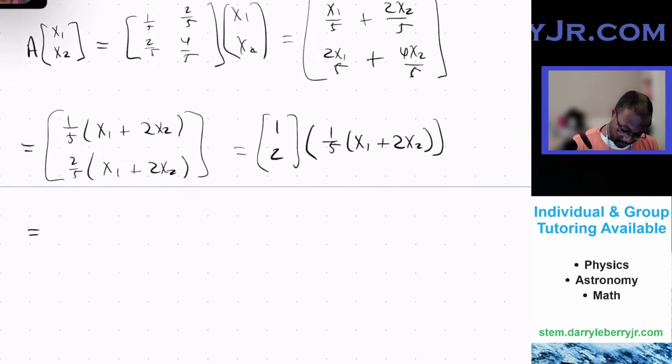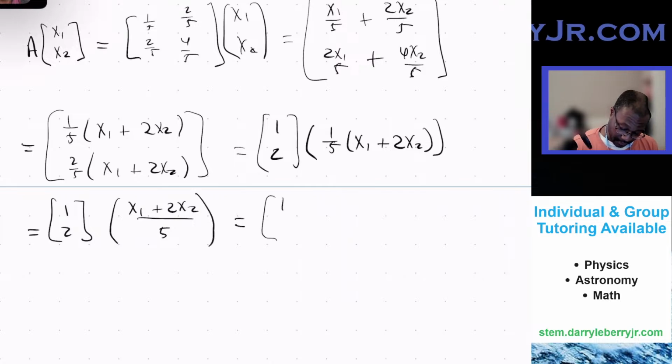So that equals 1, 2 times x1 plus 2x2 over 5. Now I'm seeing where the 1/5 comes from. So that's x1, x2 dot 1, 2 over 5, times 1, 2.